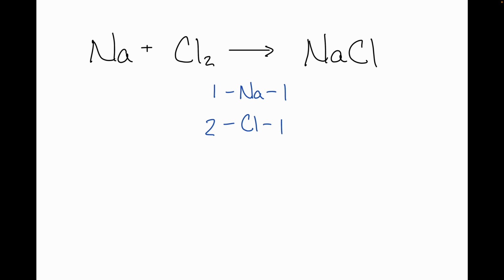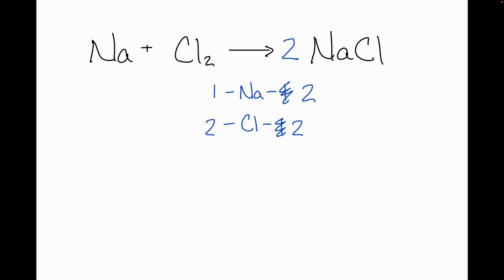All right, so in this case here, if I balance my chlorines, because that's what's unbalanced, I can put a 2 out front, but that doesn't just update the number of chlorines I have, it also changes the number of sodiums I have. If I have 2 sodium chlorides, that means 2 sodiums and 2 chlorides.